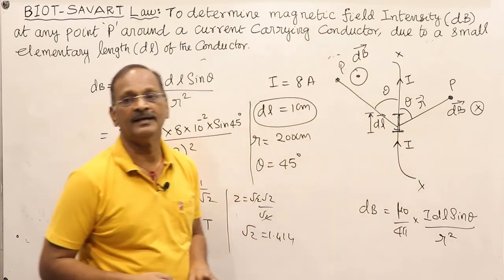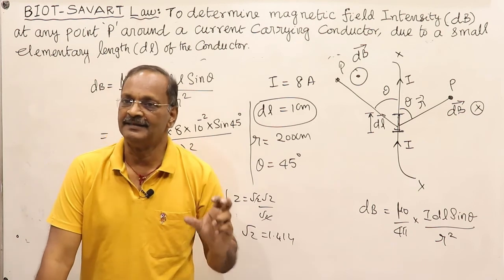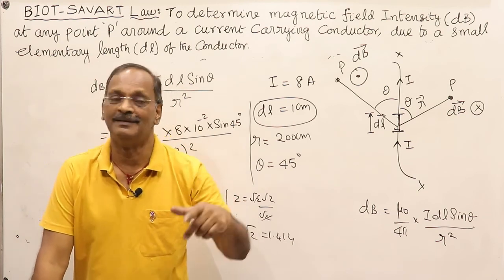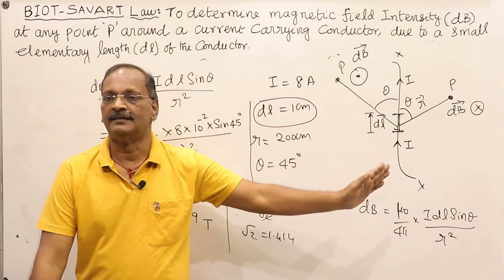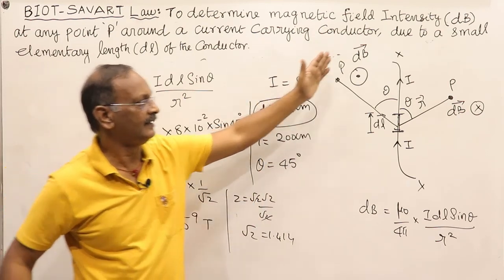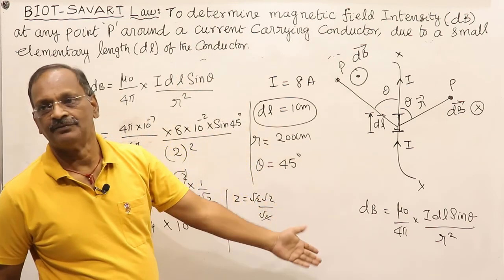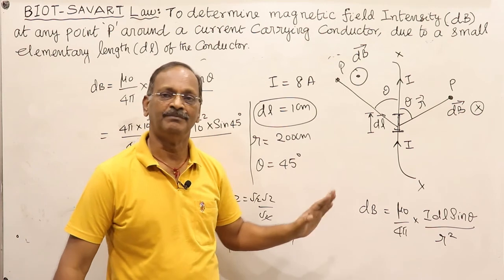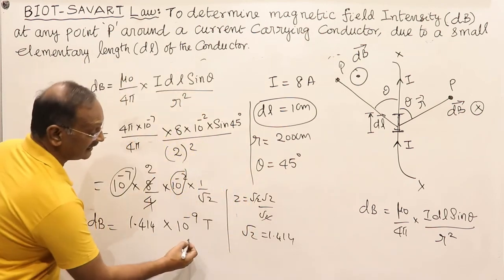Again and again I say, this law gives the magnetic field produced by a current element, not by the entire length of the conductor. To find the entire length, you have to integrate this equation either in vector form or in scalar form. But of course, finally we will give the directions.